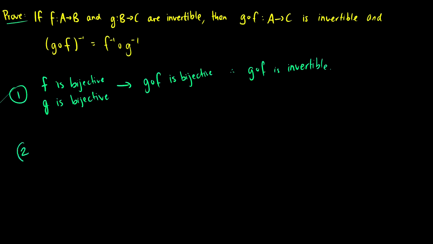Part 2, we need to show that the inverse of g dot f is equal to f inverse dot g inverse. So what we can do is we know that if we take g dot f and g dot f inverse, we're going to get the identity function back.